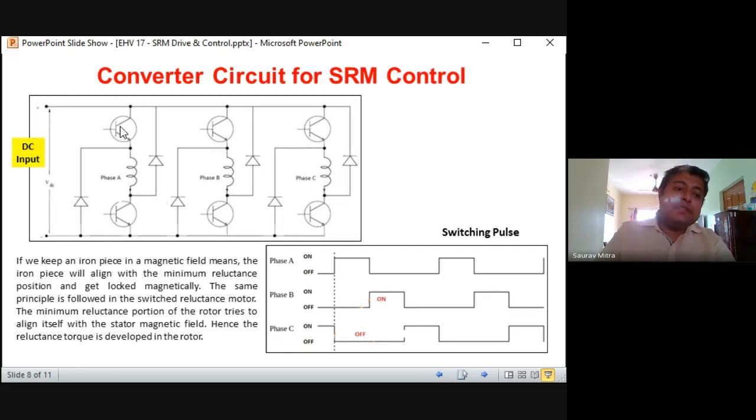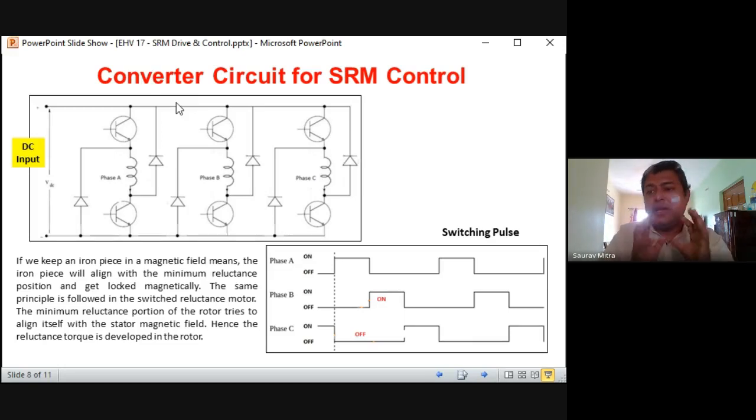When this transistor is acting, there is a winding in the pole, and we make the current flow through that coil once in the clockwise direction and once in the anti-clockwise direction. We know that whenever current flows in the anti-clockwise direction, that pole becomes a north pole, and whenever the current flows in the clockwise direction, that becomes a south pole.